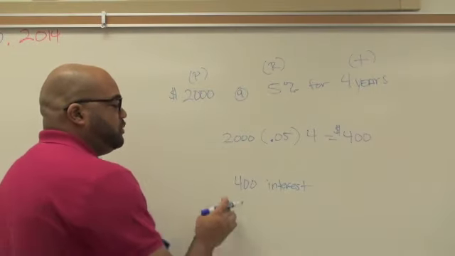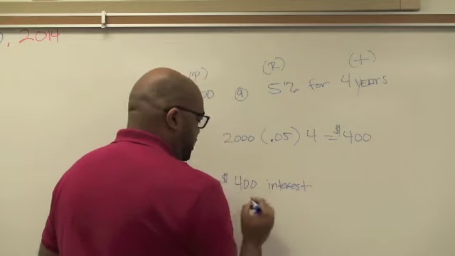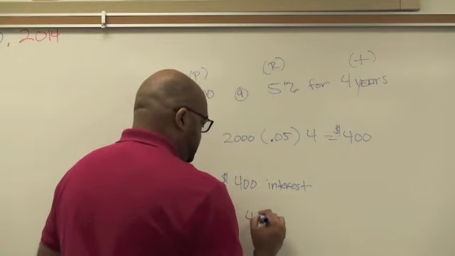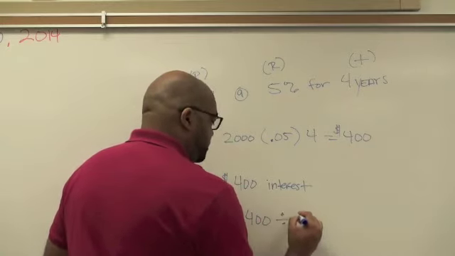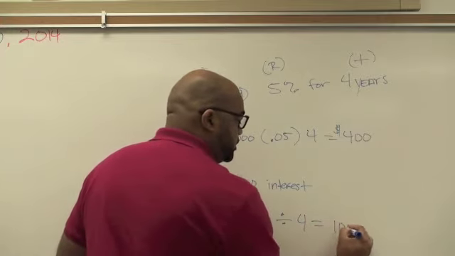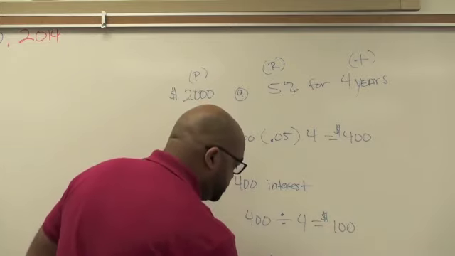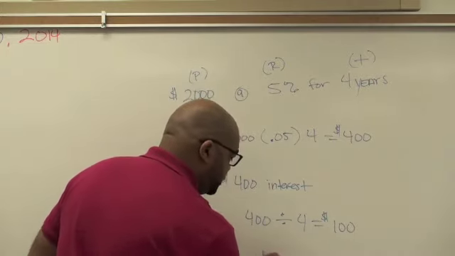So I have $400 in interest for 4 years, so I can take 400 divided by 4. This will leave me with 100. So my interest would be $100 per year.